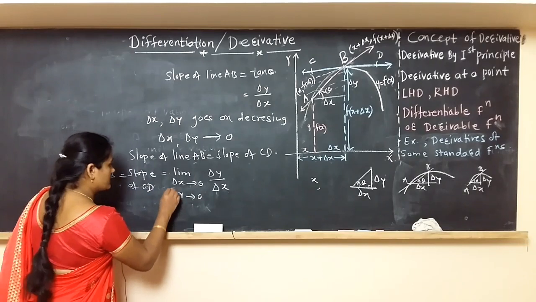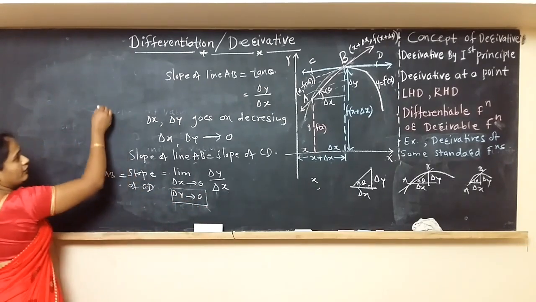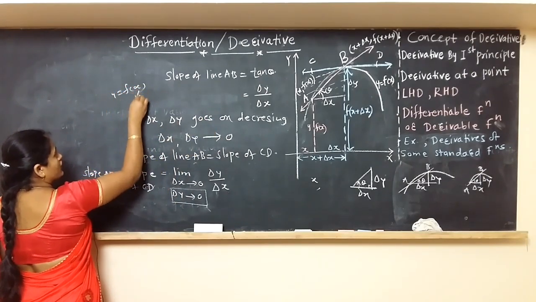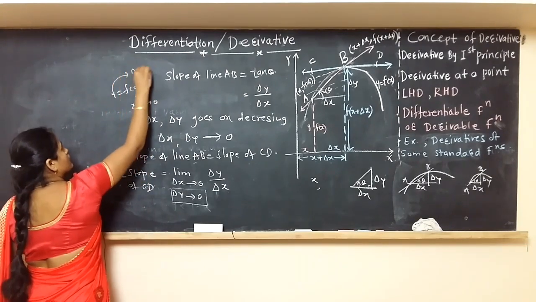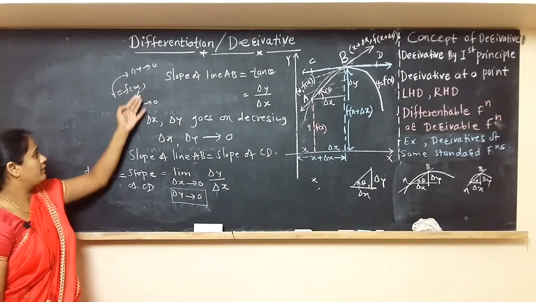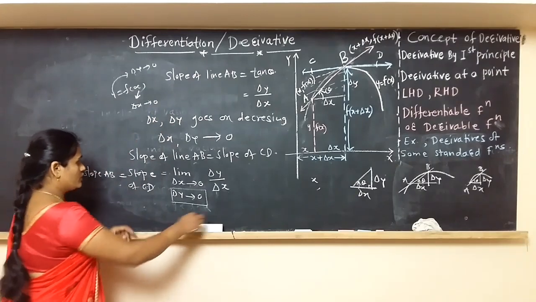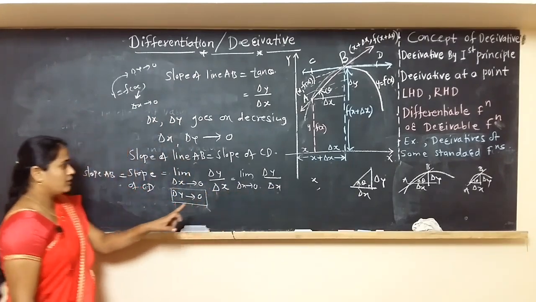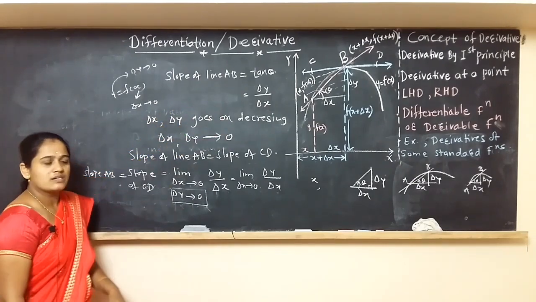Here it is not necessary to write delta y tends to 0. Why? Because y is a function of x. If the change in x tends to 0, the change in y, delta y, also tends to 0, because y depends on x. So here we get this, and this formula denotes the slope of both the lines AB as well as CD.